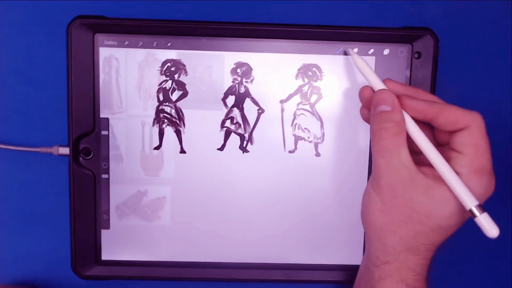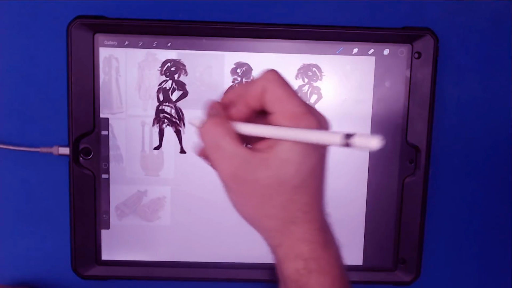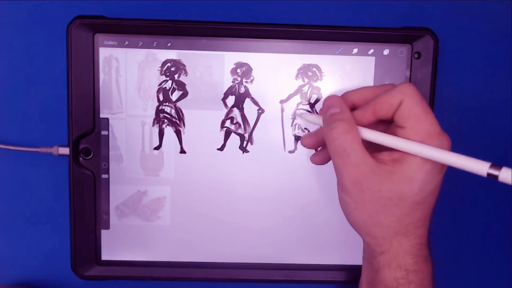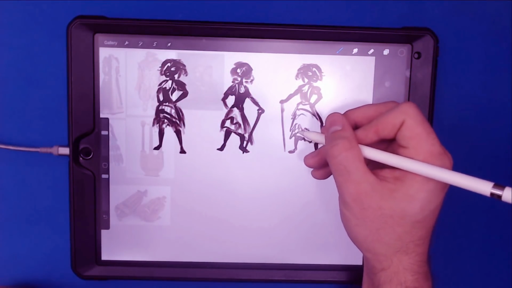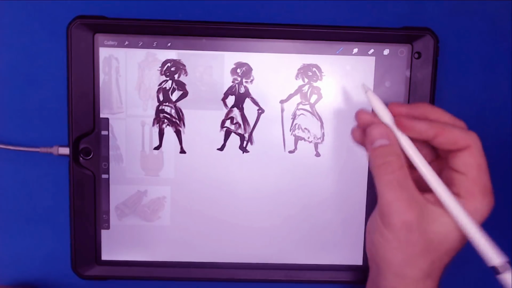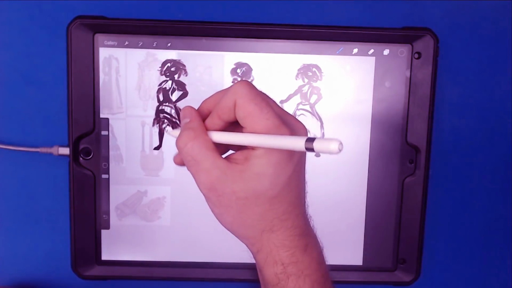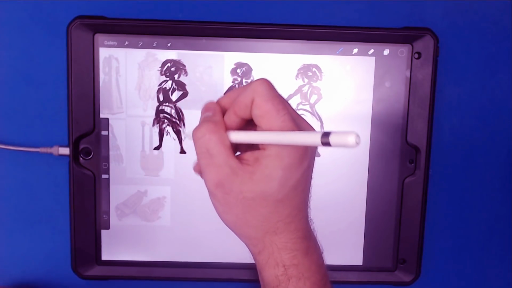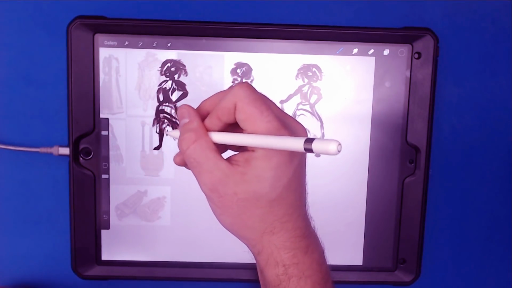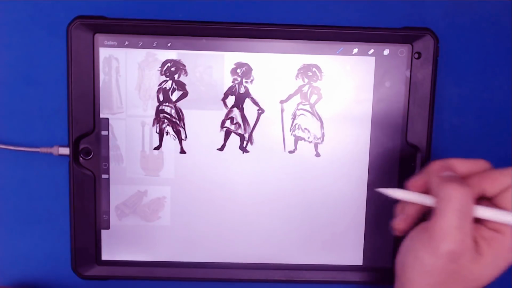Yeah, man, I really like this original skirt shape too, because you get more up here. I'm kind of going back and forth on this. Maybe if it comes behind the legs a little bit, it's not too bad.